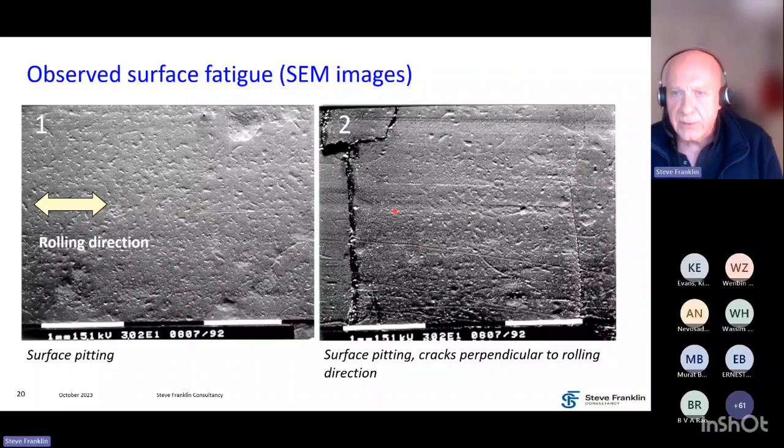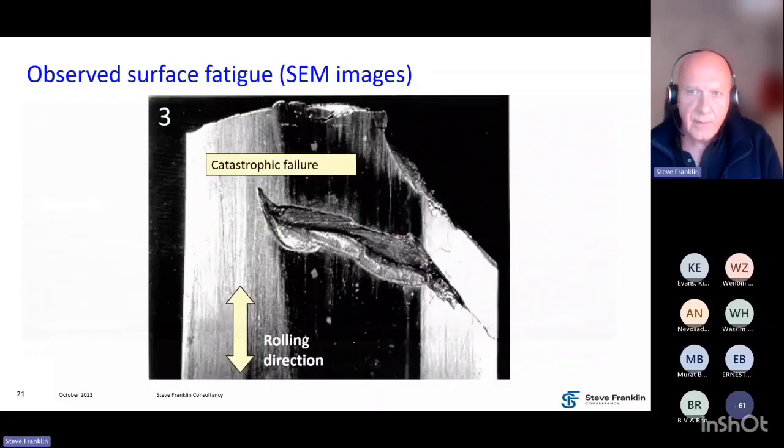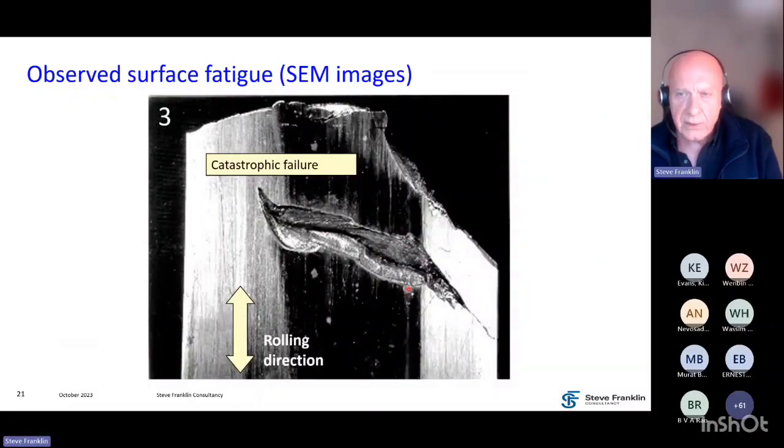In a later stage, that leads to cracking. So we can see these cracks here, and these are usually perpendicular to the rolling direction, which they are in surface fatigue. And then finally, you get whole chunks of material that break out of the surface of the steel strip, as we see here. And this is really catastrophic failure.